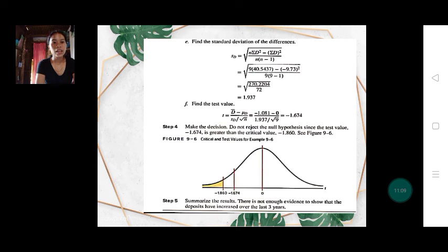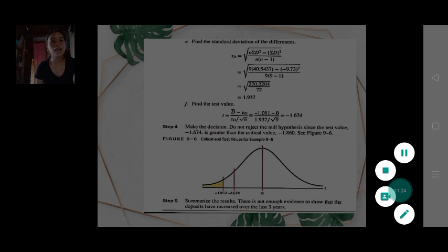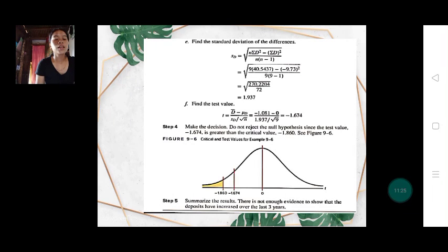So according to the result, there is not enough evidence to show that the deposits have increased over the last 3 years. So according to the result, walay igong ebidensya nga nagpakita nga ang deposits 3 years ago nag-increase karon.